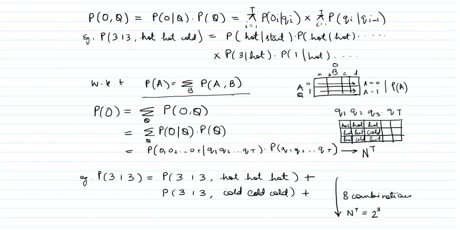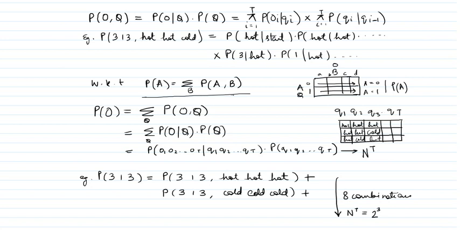So P of O can also be written as summation on Q of P of O comma Q, and this can be written as P of O given Q dot P of Q, which in expanded form is P of O1 O2 dot dot dot OT given Q1 Q2 dot dot QT dot P of Q1 Q2 dot dot QT.